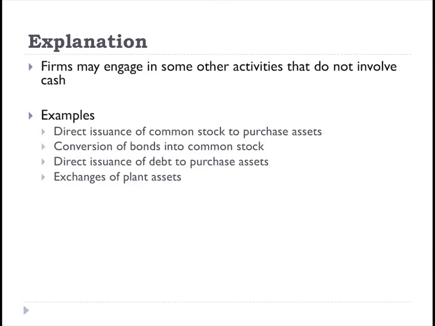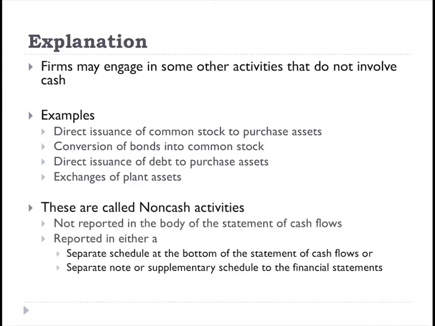Conversion of bonds into common stock: bonds decrease, common stock increases. Direct issuance of debt to purchase an asset: debt increases, non-cash asset increases. Exchange of plant assets: one kind of PP&E increases, the other kind decreases. Those are examples of non-cash transactions.